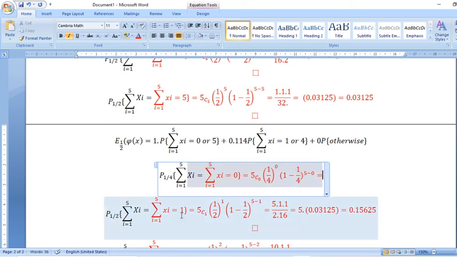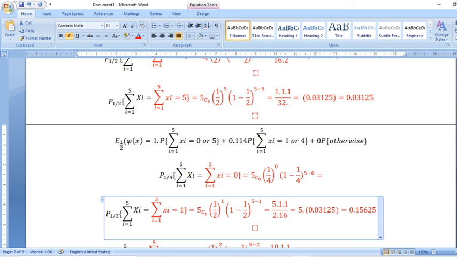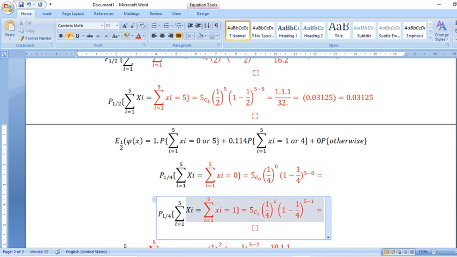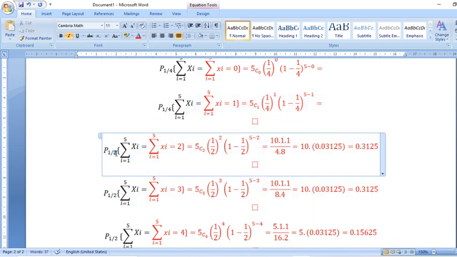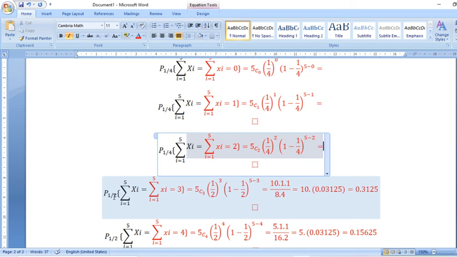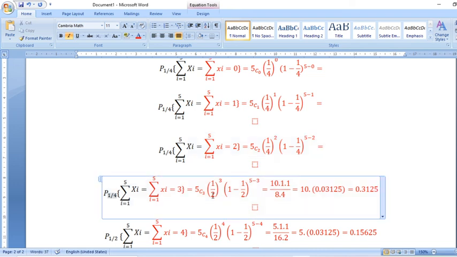I am giving it as an exercise. This is for computation of power.